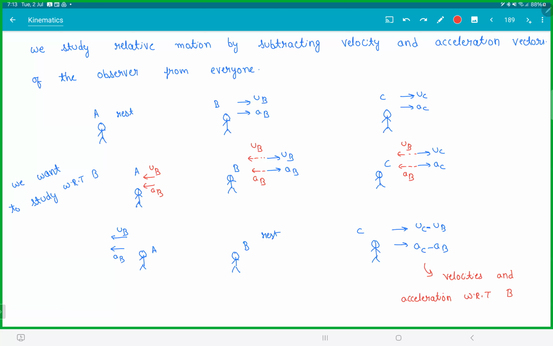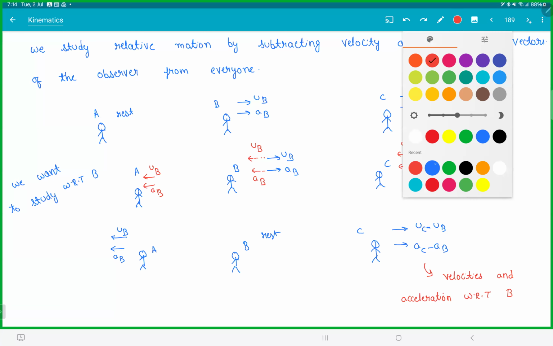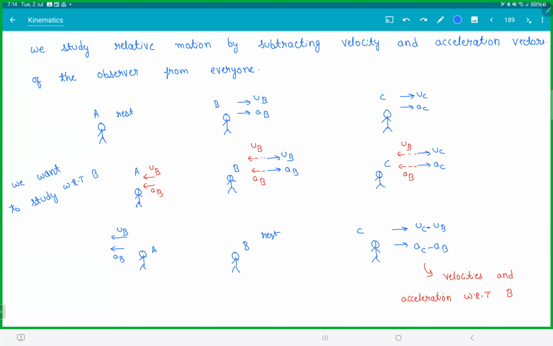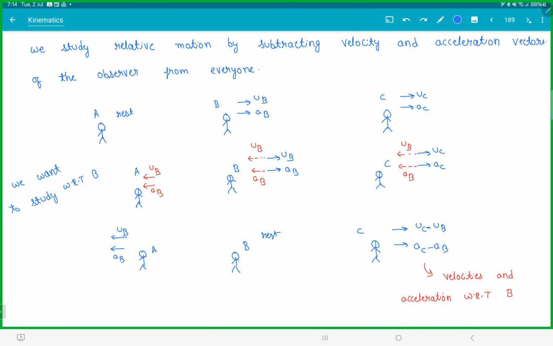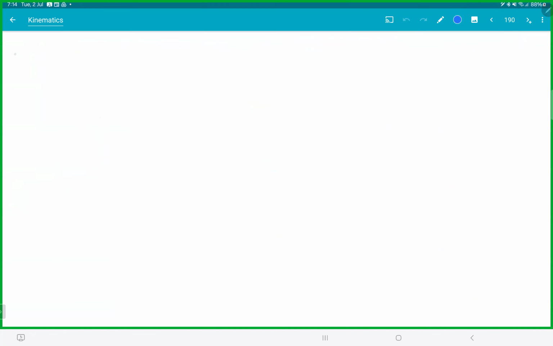Clear? Now, let me take one more example. This is U1.